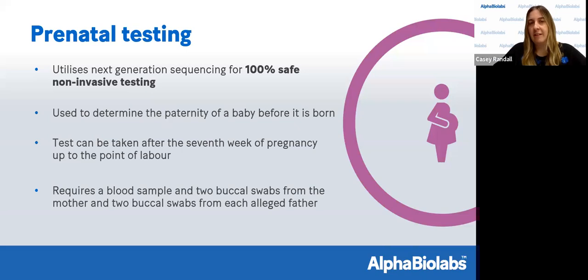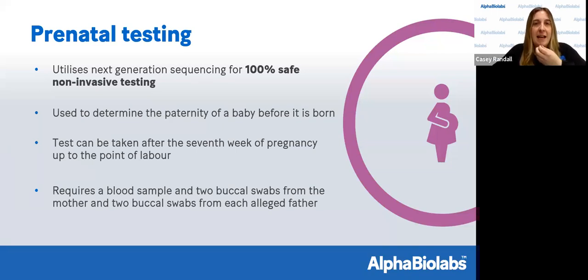Therefore, maybe there's a chance that we're related to one another. However, using next generation sequencing, you can see every single base pair within that allele 10. So you can see the A, G, C, and T pattern that makes up my version of allele 10, and we can compare it to your version of allele 10. And we would then say, no, they're two different versions. So therefore, it's not a relationship between the two individuals.